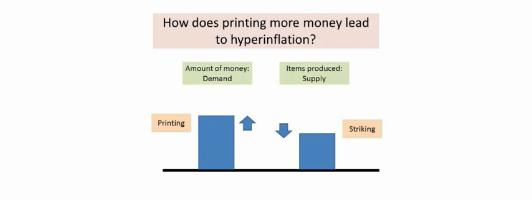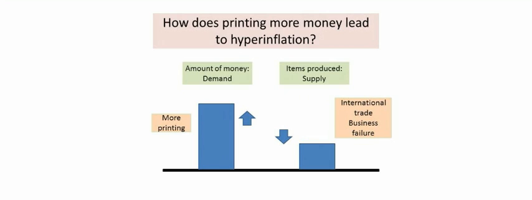But this causes inflation, and those workers are like, hang on, I can't buy as much with this 200 marks because the prices of everything have gone up. So I want more money. So obviously what the government does is it goes, fine, prints more money. But then that causes more inflation because as the amount of demand goes up, as more people have money in their pocket, the price of things goes up. As the demand gets bigger and the supply gets smaller, the price of things goes up. So this gets worse and worse.